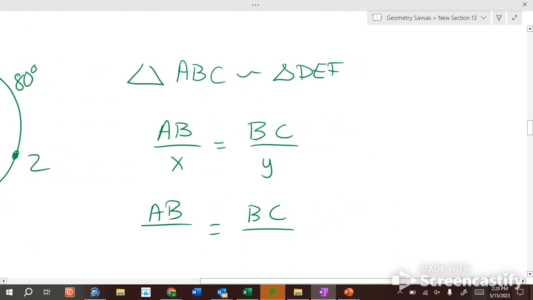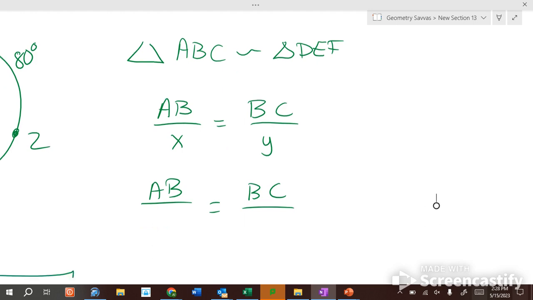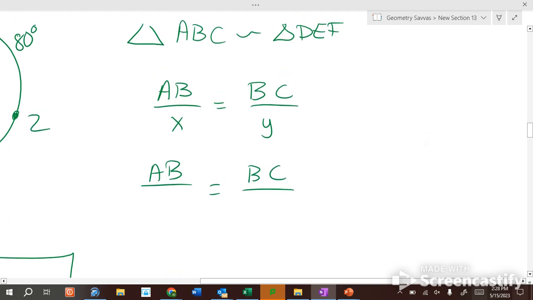If triangle ABC is similar, not congruent, similar to DEF, then AB over what equals BC over what? AB over what? DE equals BC over. Look at that.